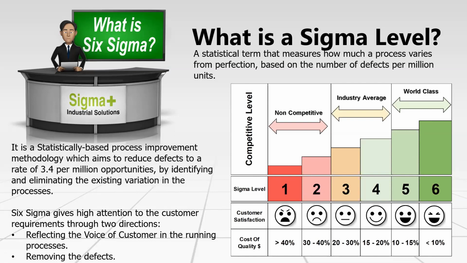I want to correct myself, cost of quality and not the cost of poor quality only, because the cost of quality covers the cost of poor quality plus the cost of all the correction and corrective actions that we are taking to improve the quality in the organization.